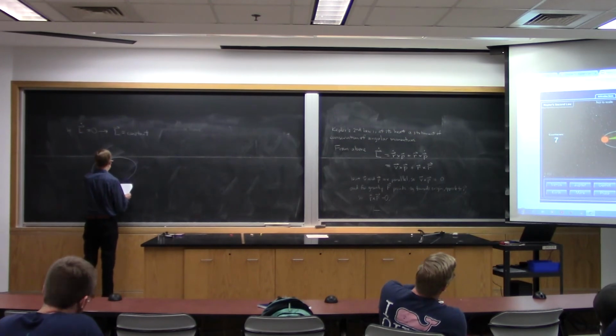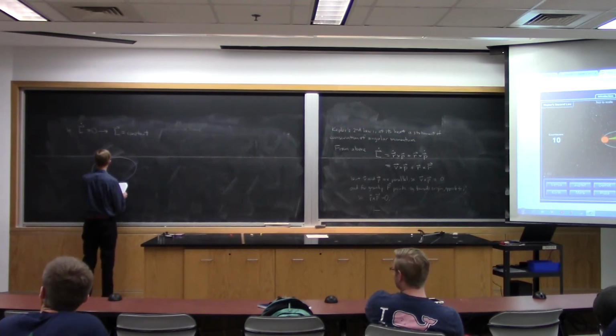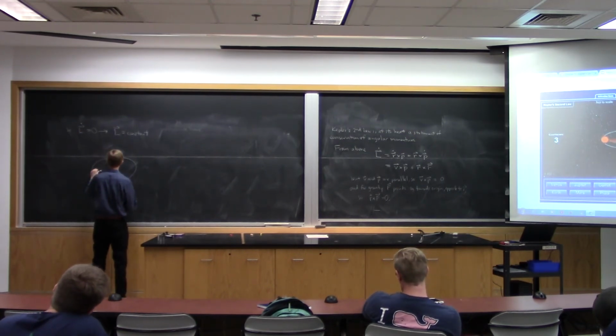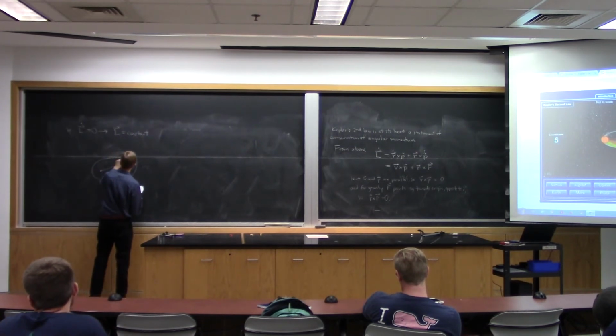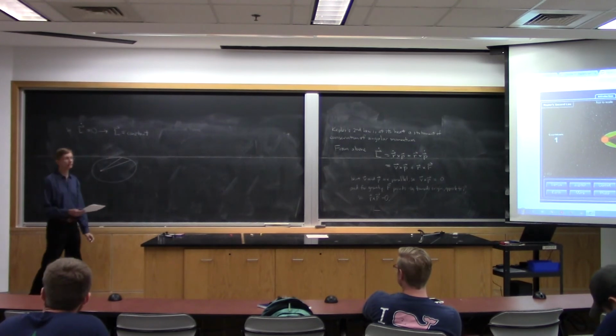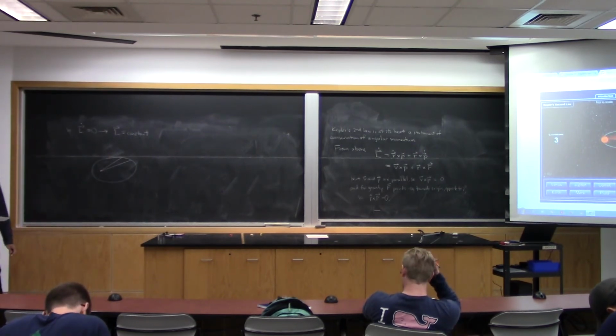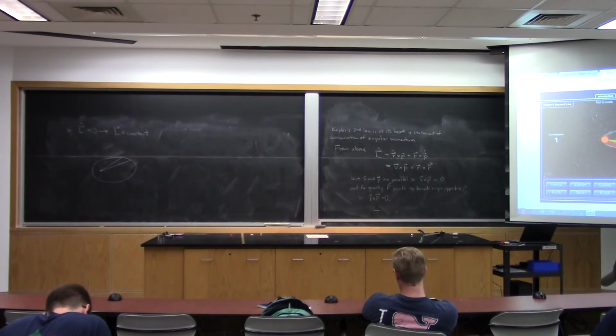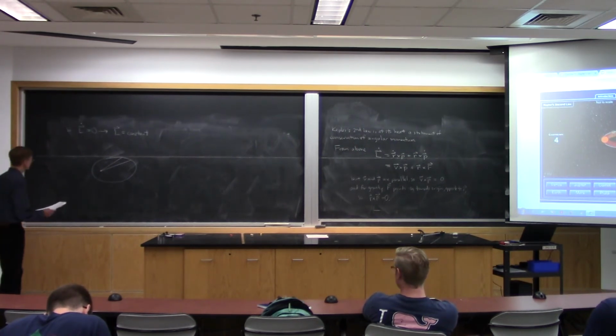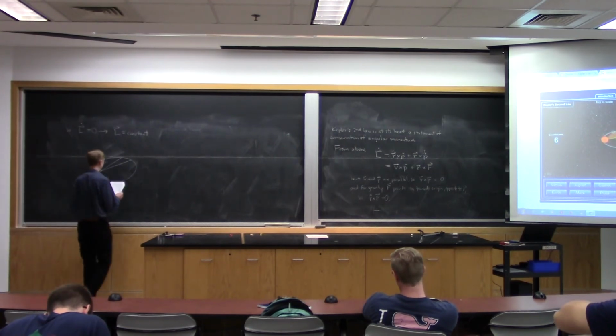So now, let's show that in fact the rate at which area is swept out is actually proportional to the angular momentum. And since the angular momentum stays constant, that means the rate at which area is swept out stays constant, and that is Kepler's second law.